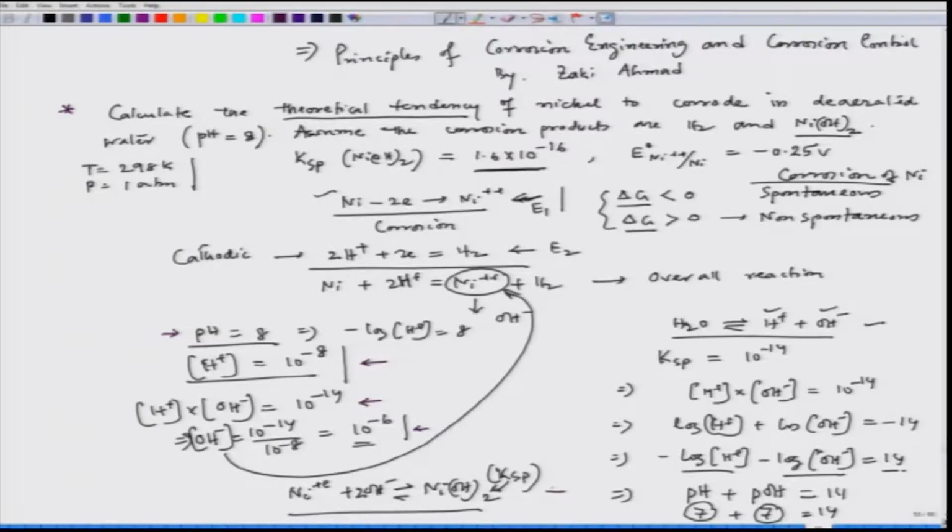And now, we have to look at this particular equation, which talks about the equilibrium between Ni++ and OH-, forming Ni(OH)2, and this Ni(OH)2 has got its own dissociation constant. So, we start from here.